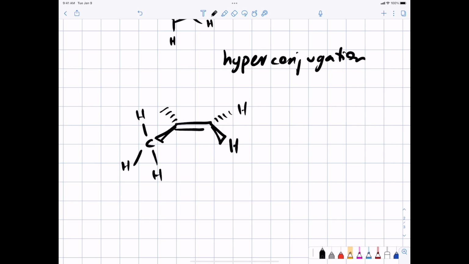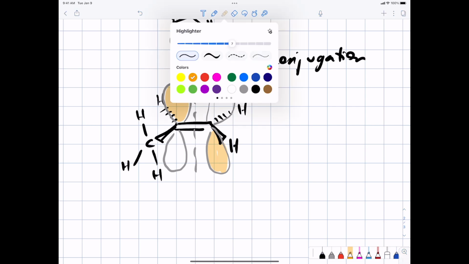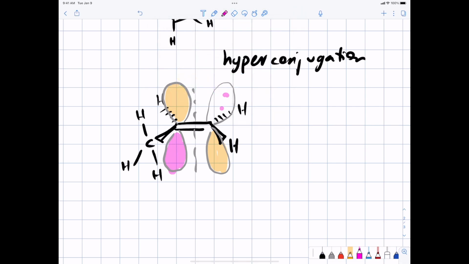We would say the LUMO of an alkene is the pi star, which we would draw like this. It would sort of look like 2 p orbitals, but with opposite wave function sign and a node between the 2 nuclei. That's an empty antibonding orbital, right?